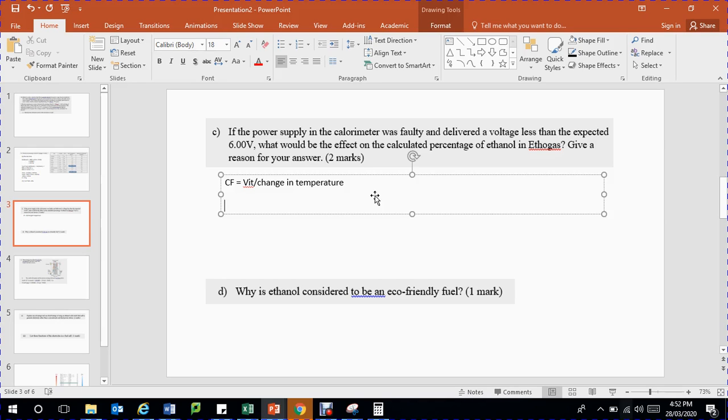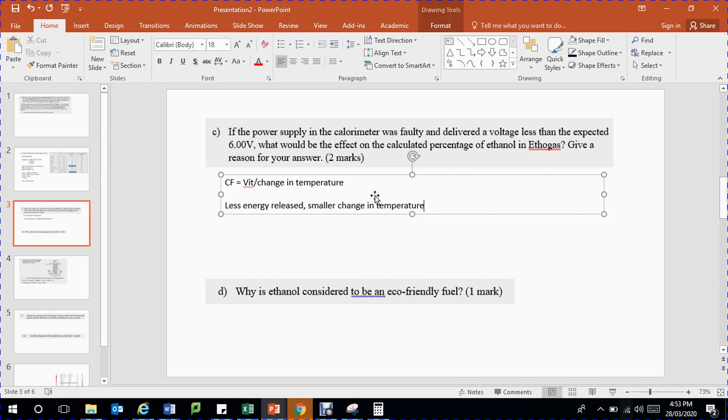Okay, so because of that, there's going to be less energy released because I'm not putting as much voltage in, which means that there's going to be a smaller change in temperature within that 90-second period. Because remember the time was 90 seconds.